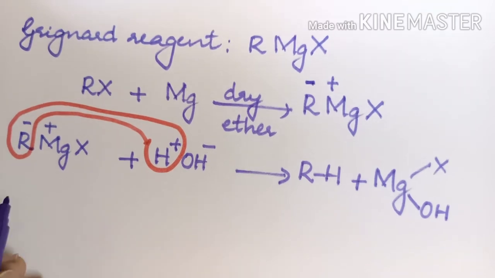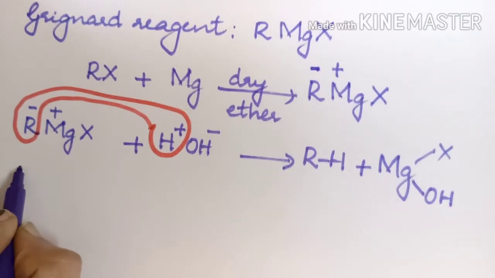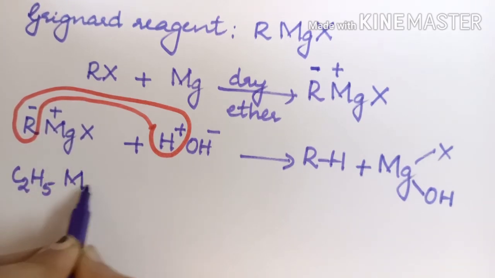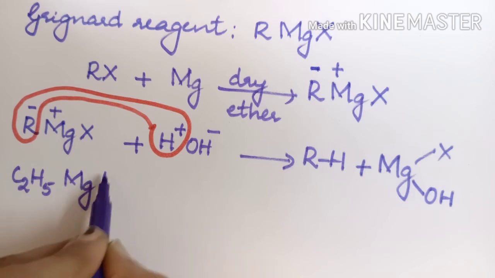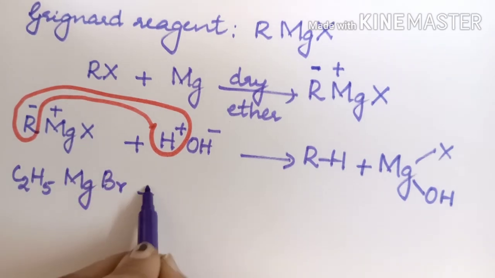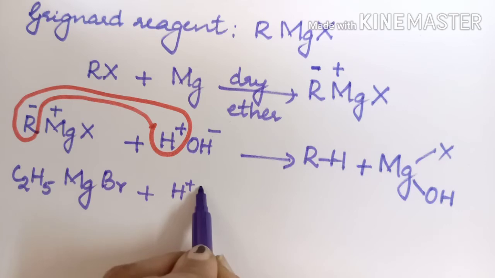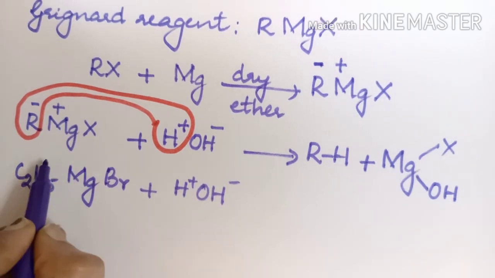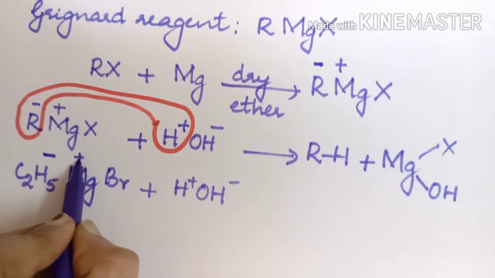So suppose you are taking ethyl magnesium bromide reacting with water, you find it will ionize to form C2H5 negative and Mg positive.